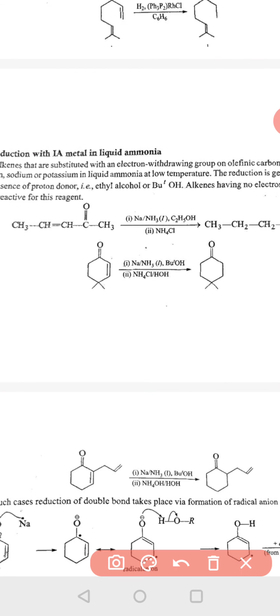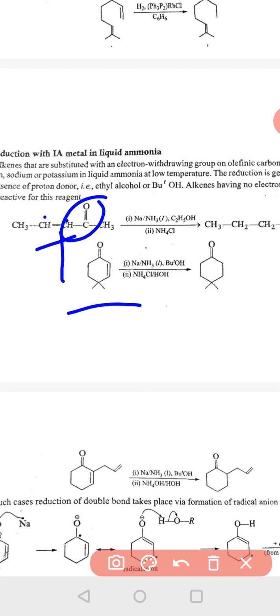In the first example, this is the olefinic double bond and we have this C=O bond attached to the olefinic carbon. This C=O group is an electron withdrawing group. So if we use sodium or group 1A metals in liquid ammonia, then this olefinic carbon gets reduced.